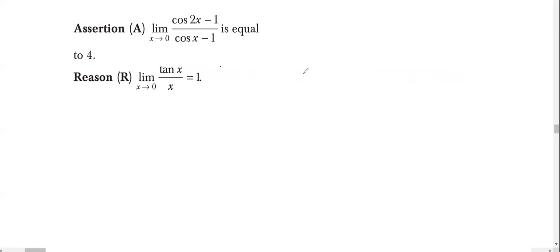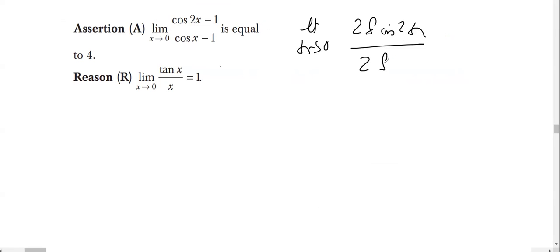Assertion reasoning, this one is based on trigonometric identities. So needless to say, we are going to split here, applying 1 minus cos 2x as 2 sine square x. So limit x tending to 0, this will be 2 sine square x, because it is 2x, so 2x becomes x by half angle property, and this will become 2 sine square x over 2.